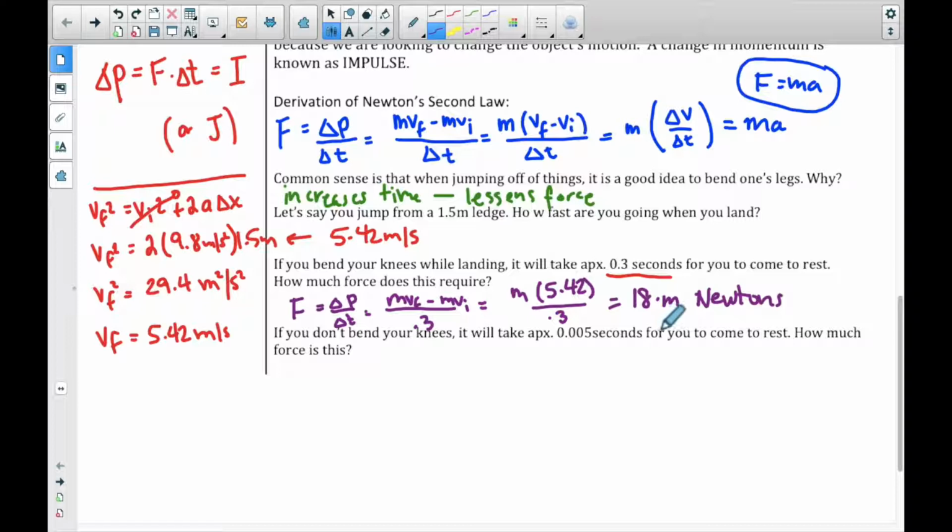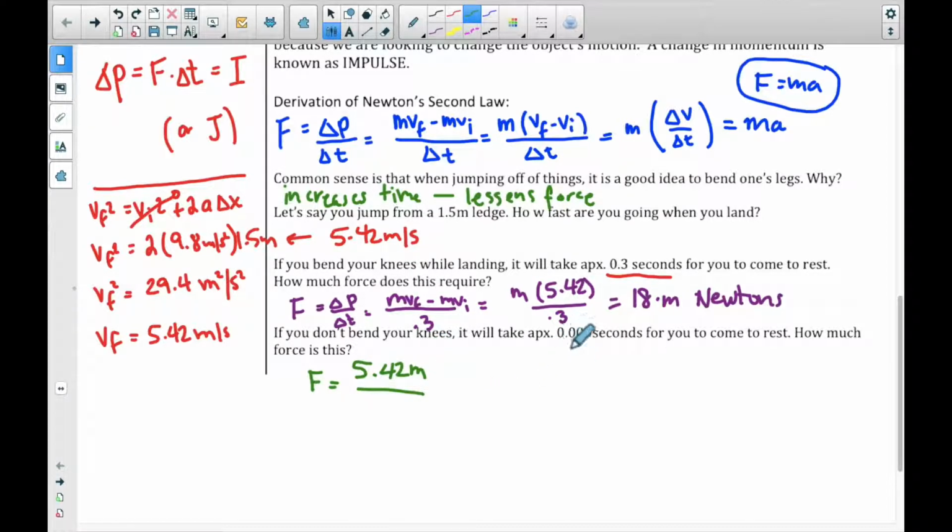So if you bend your knees, you're going to experience 18 times the mass in newtons. Okay, what about if you don't bend your knees? If you don't bend your knees, it's going to take 0.005 seconds for you to come to rest, much quicker. This time, our momentum is the same. Our final minus initial is still 5.42 m.